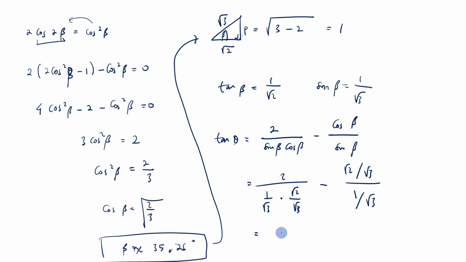Of course, we get 2 divided by square root of 2, and divided by 3 minus square root of 2 with the simplified value, and we can get tan theta equals 6 divided by square root of 2 minus square root of 2 as the subtraction.